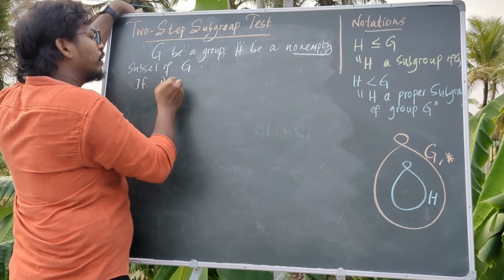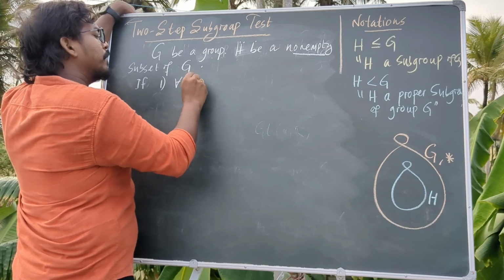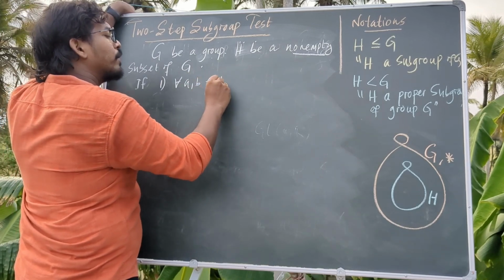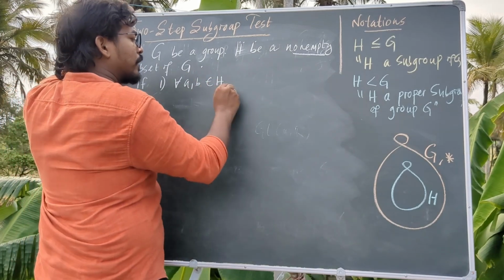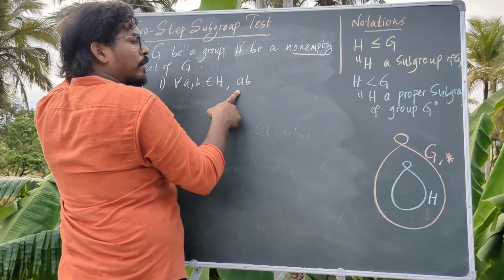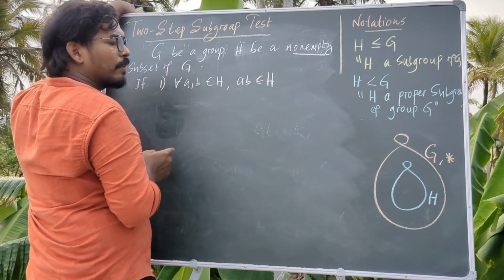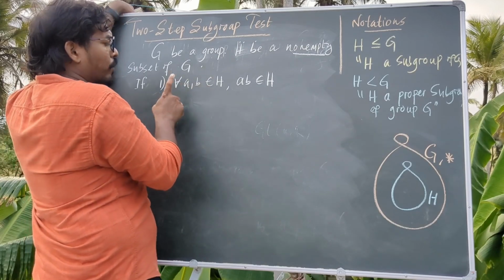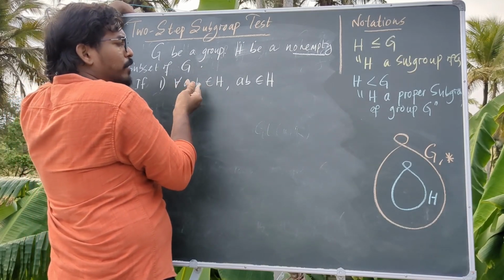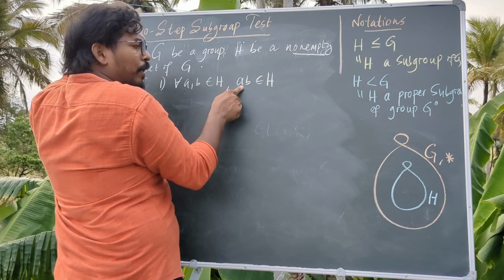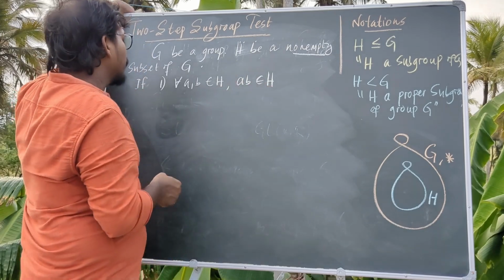First step, for any 2 elements of the subset H, its product also belongs to the subset H. For every pair of elements of the subset H, we must have its product also belonging to the subset H.